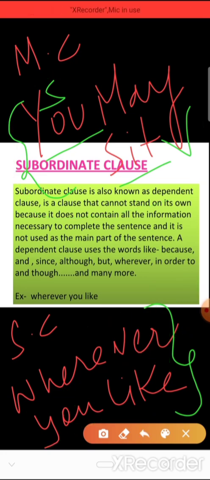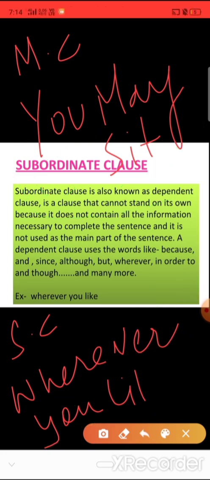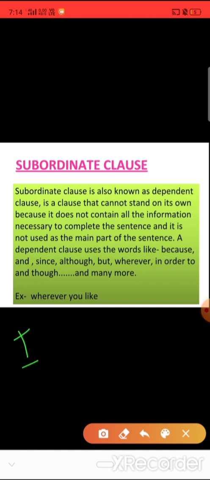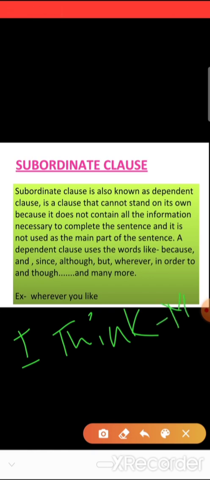Now it must be clear to you all that if I write I think, it is a main clause that we have discussed, because it does not need anything else to complete it.